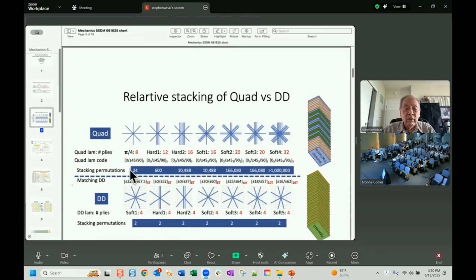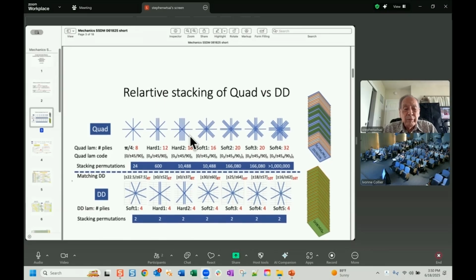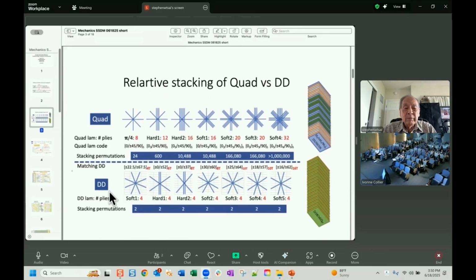You can see 24 for the simplest, all the way into the millions of stacking sequences. So the design becomes very, very difficult because there are so many variables, and you do not know which one to pick. So the double-double is the bottom one, which matches exactly what you have on top.